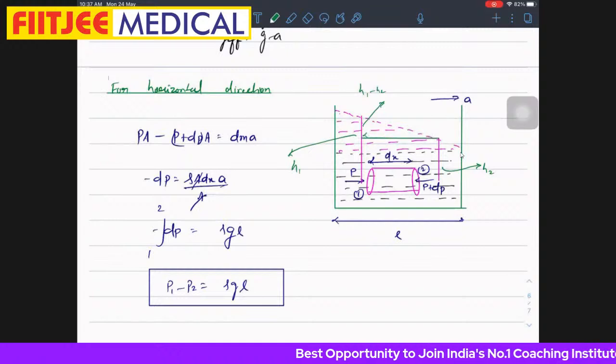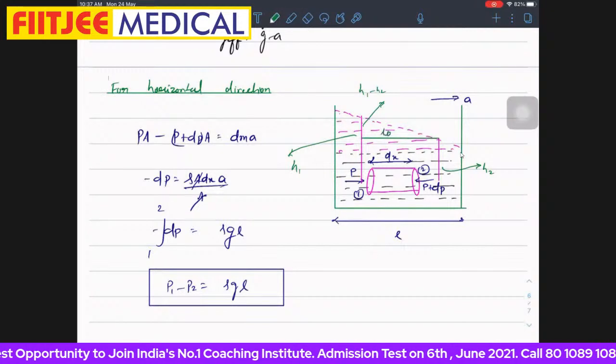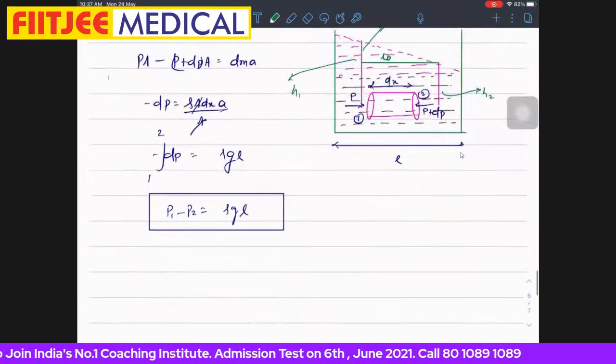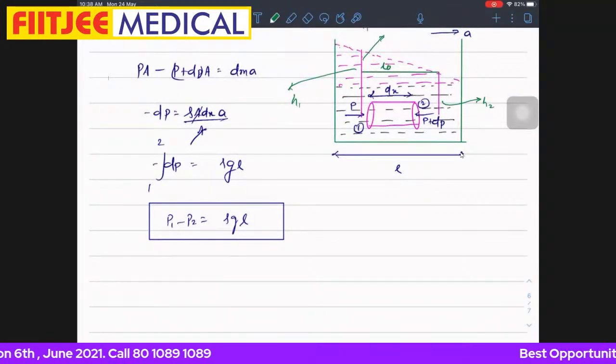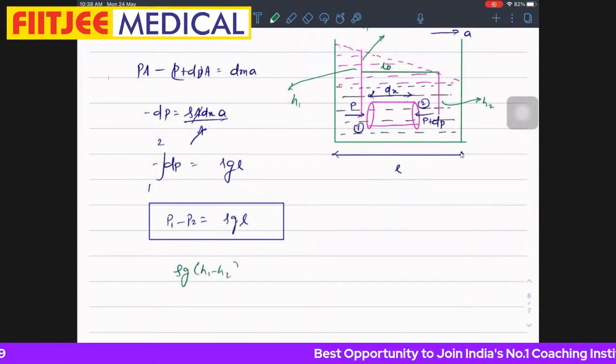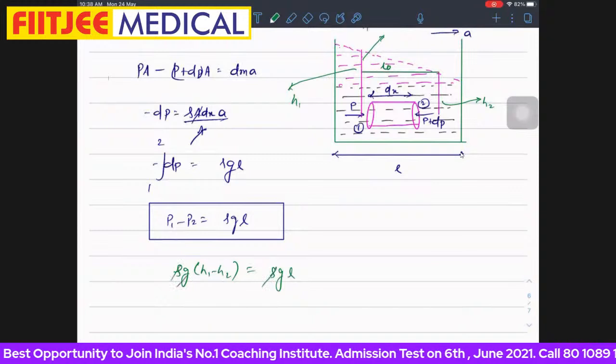So suppose this length is L naught. So what I can write then, this P1 minus P2 I can write as rho G (h1 minus h2) and rho A L. So rho and rho done, G and G done.